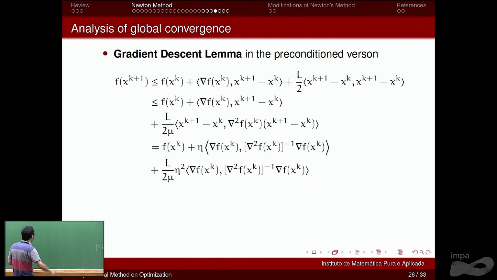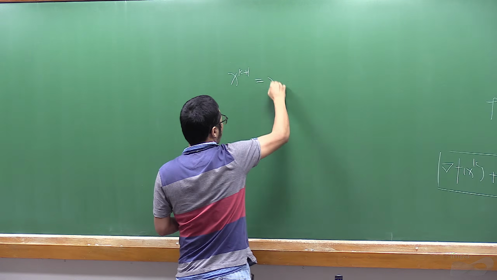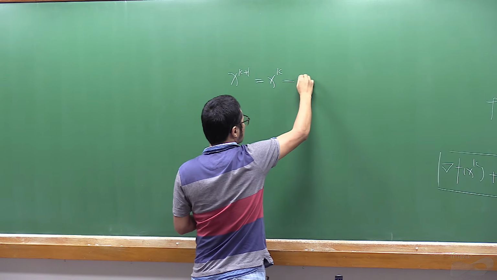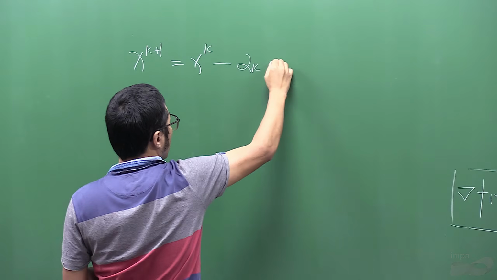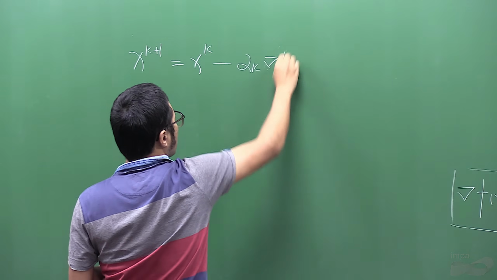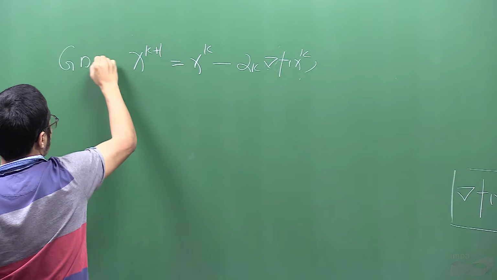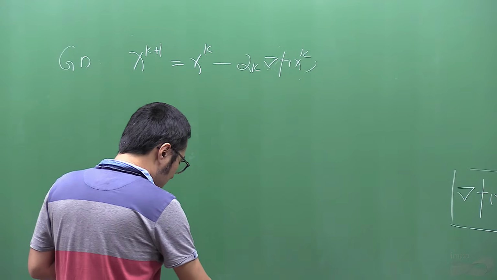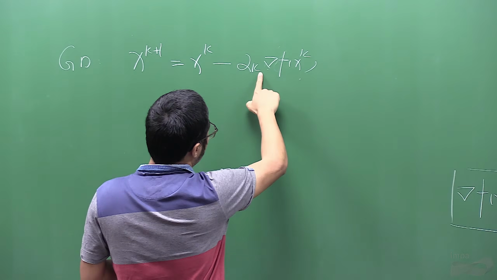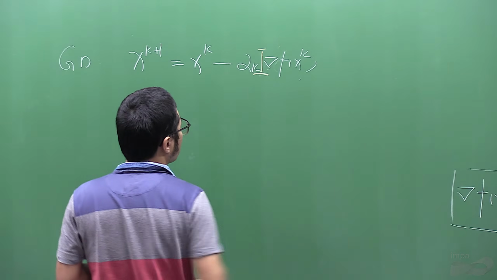Actually, if we recall the gradient descent method, it's xk minus some alpha k times the gradient of xk. Okay, so this is the gradient descent method. Actually, we can say there is nothing here, but we can also regard it as having an identity here.